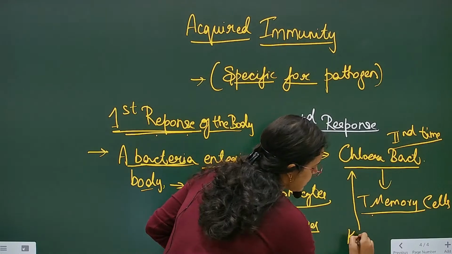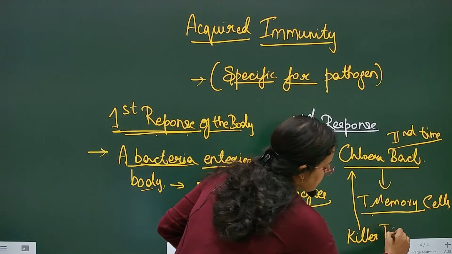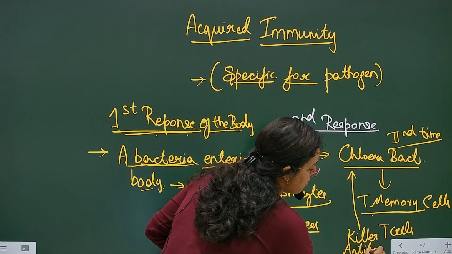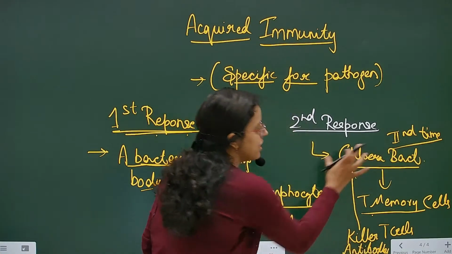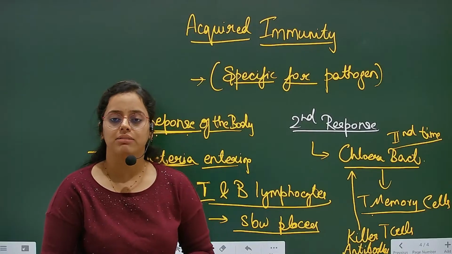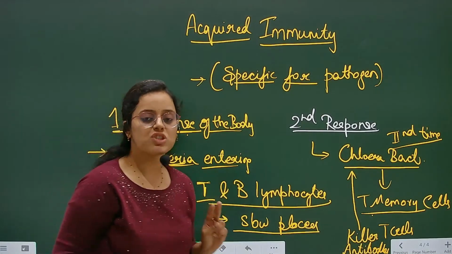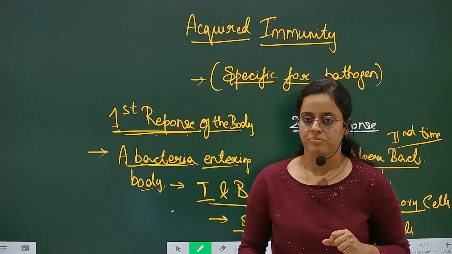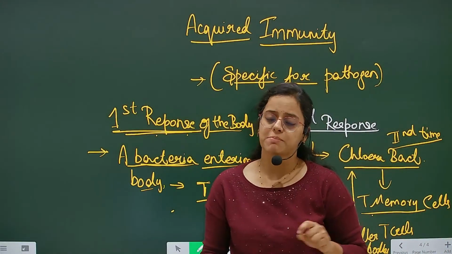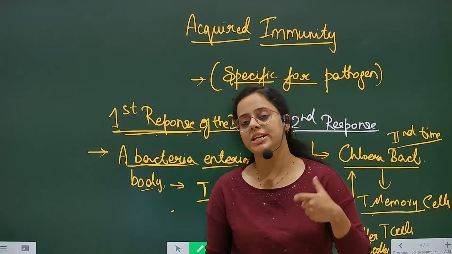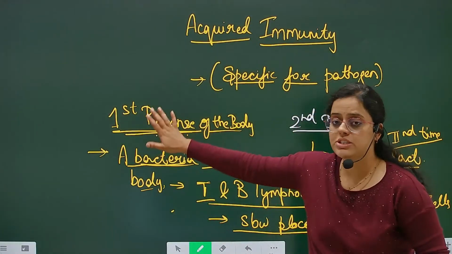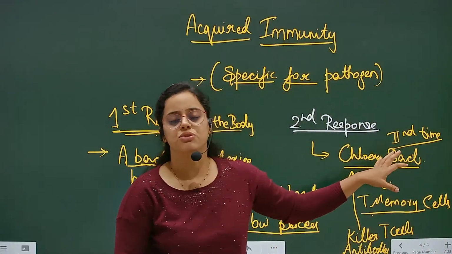Killer T cells and antibodies from B lymphocytes kill the cholera bacteria very fast. So the second response is very fast and specific. They easily recognize the pathogen entering the body and kill those organisms. So this is the first response of the body and this is the second response of the body.